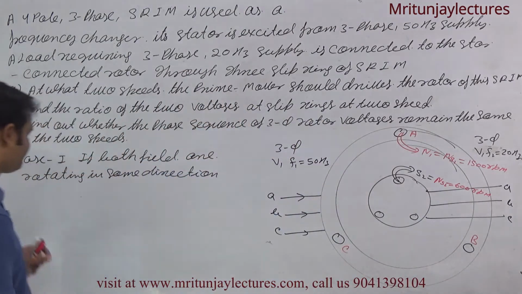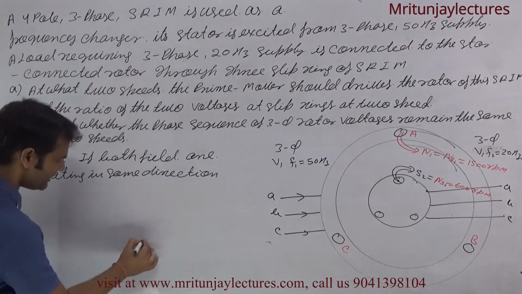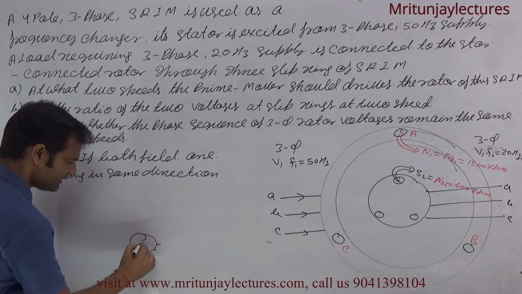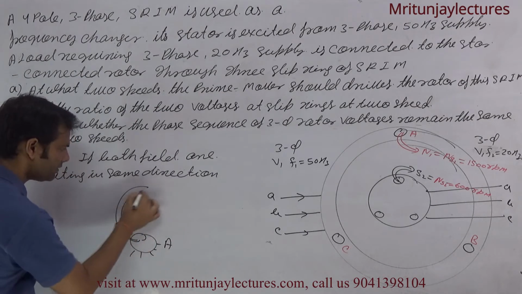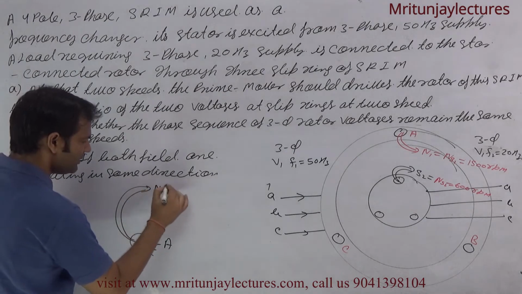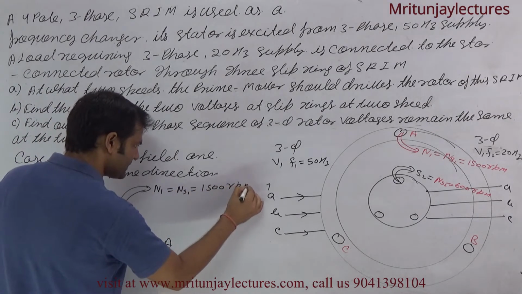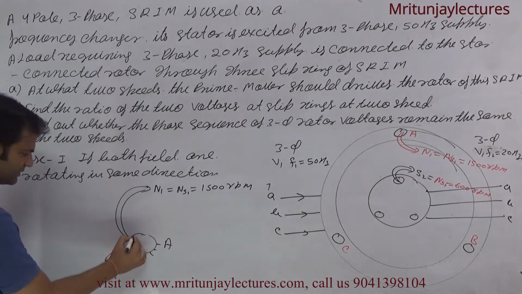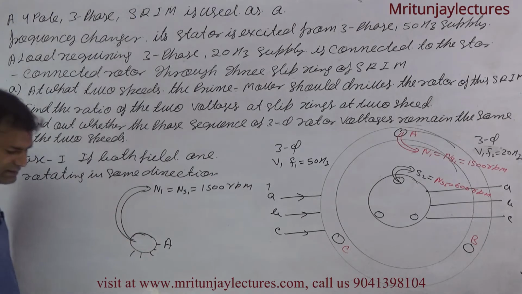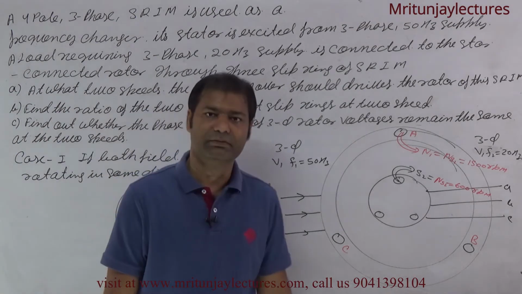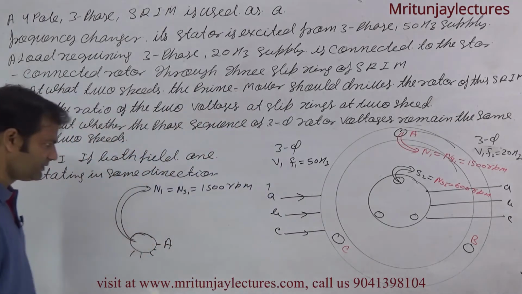One by one, first of all make the stator winding, that is A. N1 corresponding to NS1, how much? 1500 RPM, clear? It means if you sit on the stator winding and see the stator field with respect to the stator winding, that is 1500 RPM.